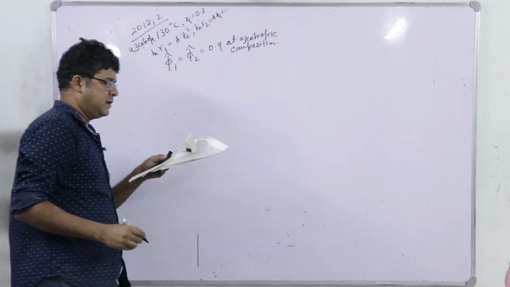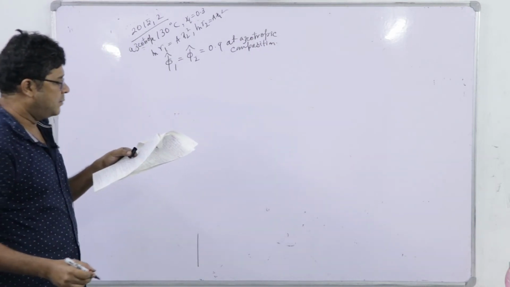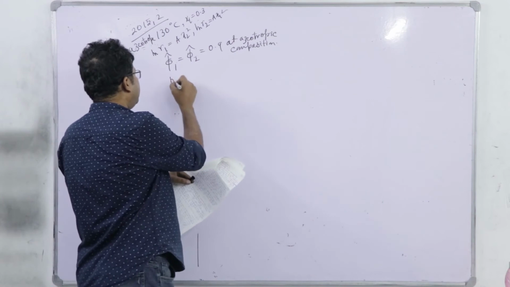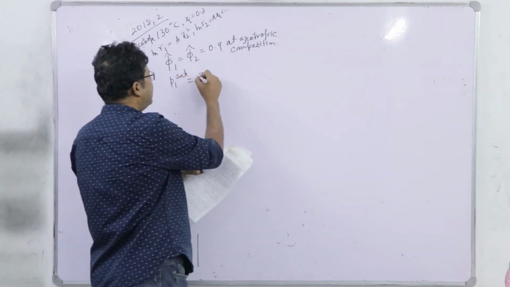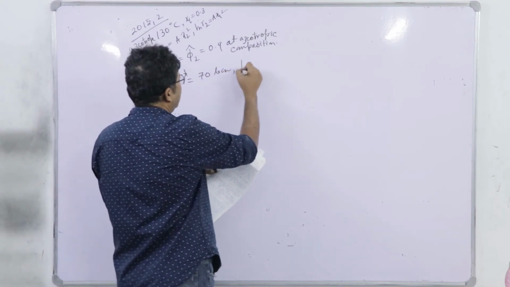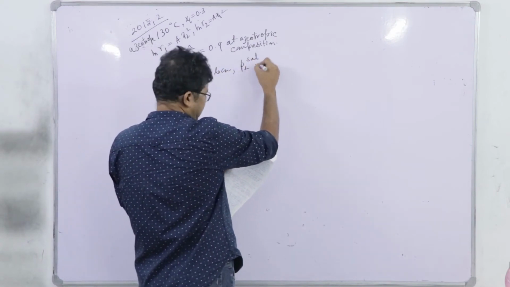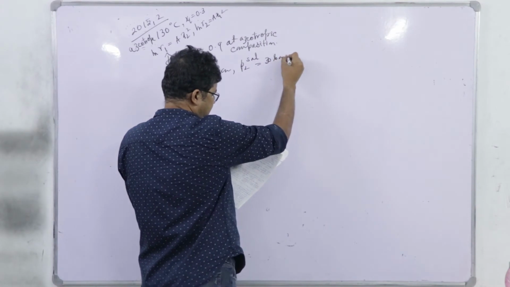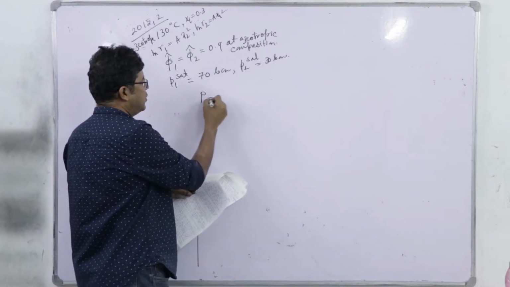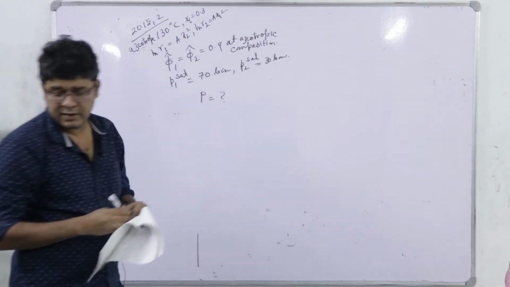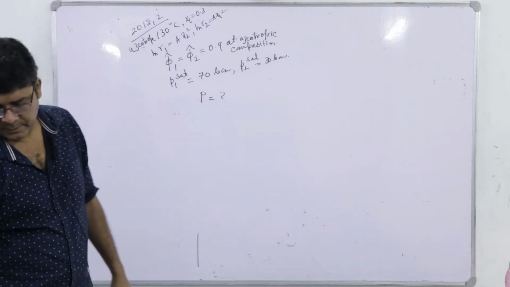Saturation pressures at 130 degree, P1 sat is 70 bar and P2 sat is 30 bar. We have to solve for the total pressure for this azeotropic system.